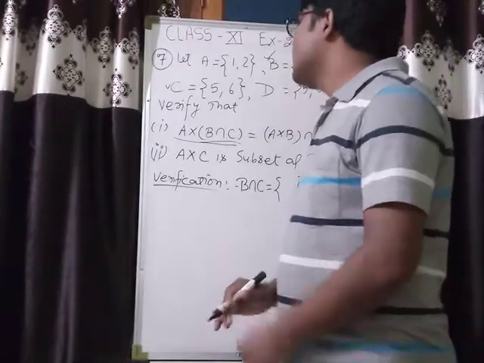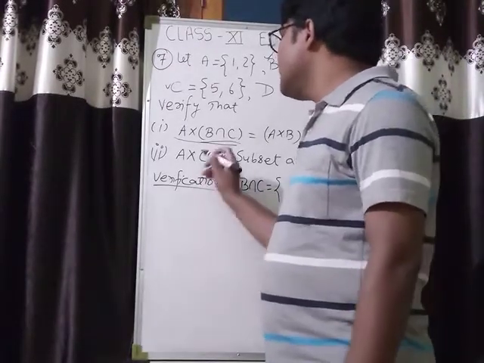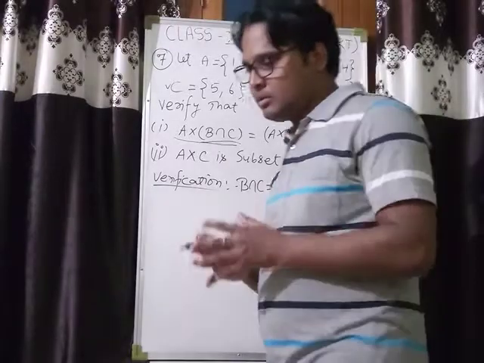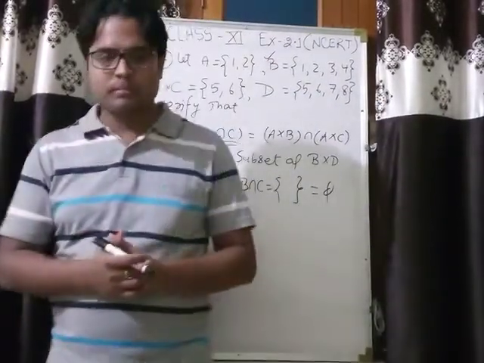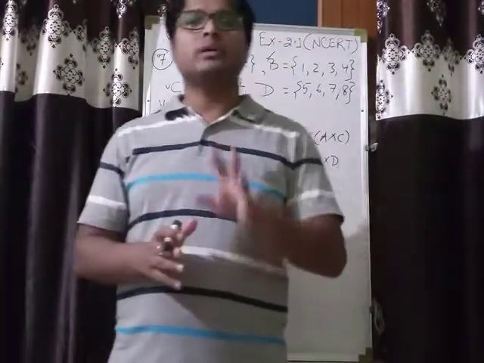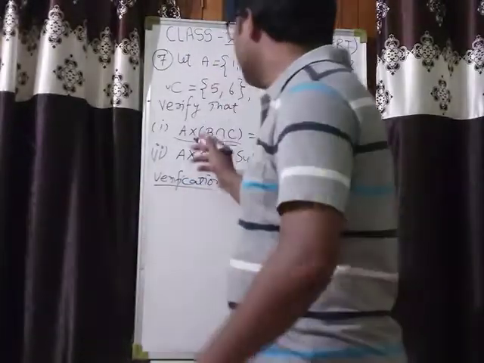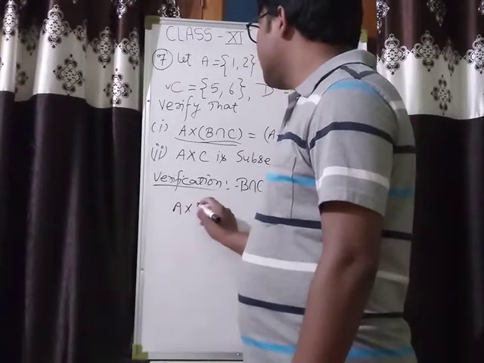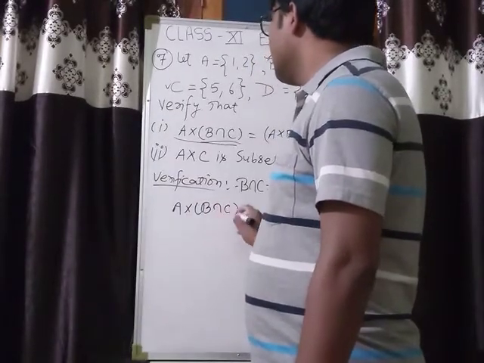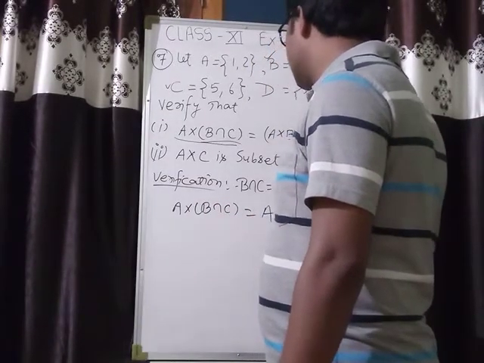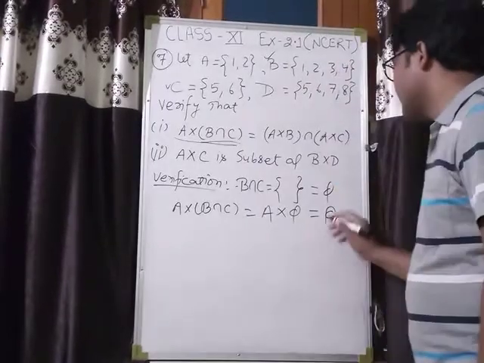And we know that if there are two sets in which either one is a null set, then their cross product is also a null set. Clearly A cross (B intersection C) means A cross null set, which will also be a null set.